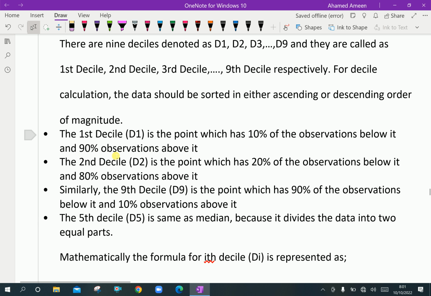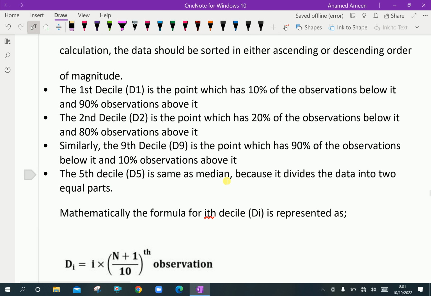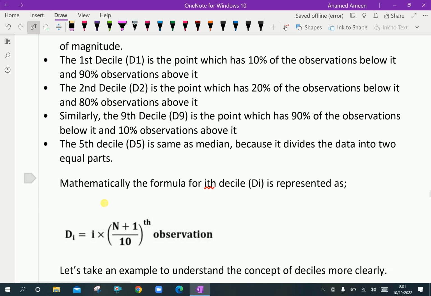Similarly, the second decile has 20% below it and 80% above it, and so on up to the ninth decile. The fifth decile is the same as the median, because D5 divides the data into two equal parts.